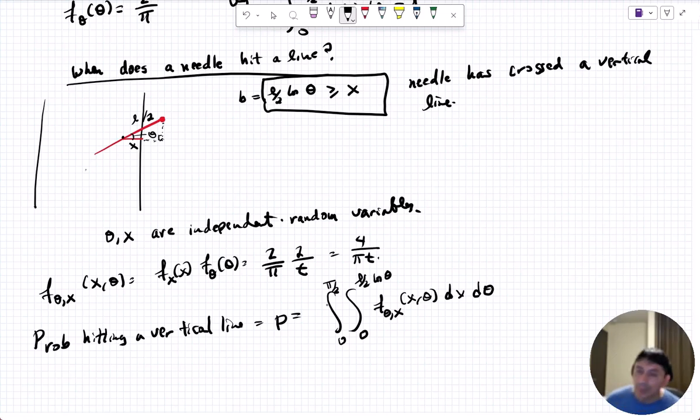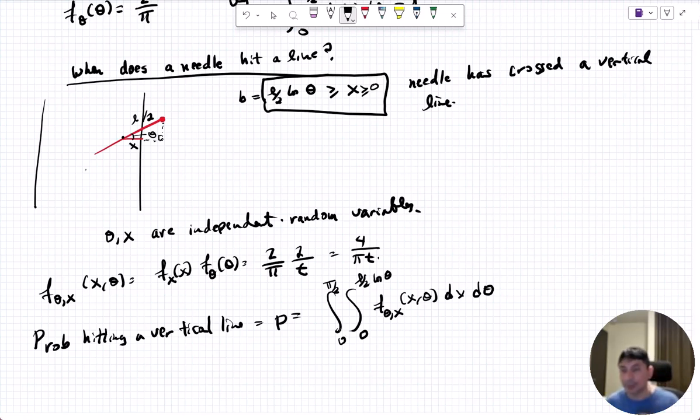That is, we're not calculating the full probability over the state space. We're only integrating the density function for a section of the phase space that corresponds to the instances when the needle crosses a vertical line. So x has to go from 0 to L over 2 times cosine of theta, and theta has to go from 0 to pi over 2.